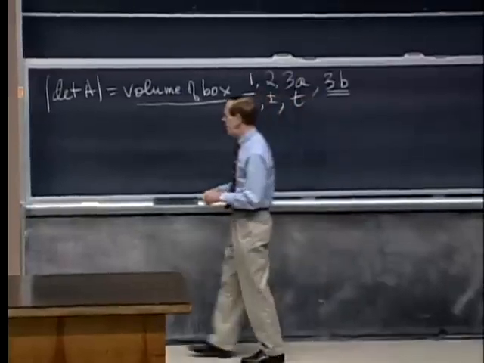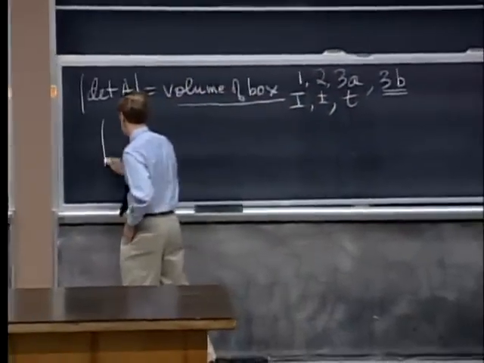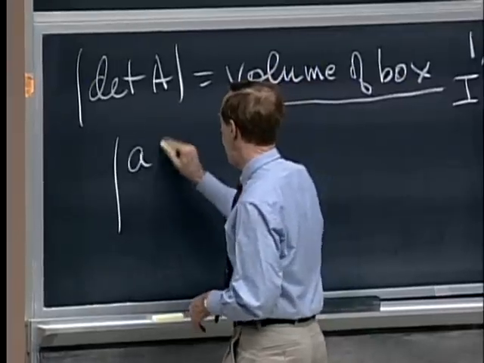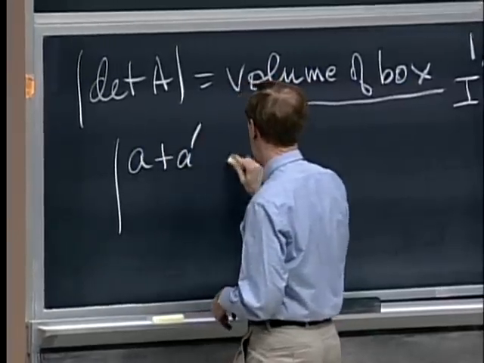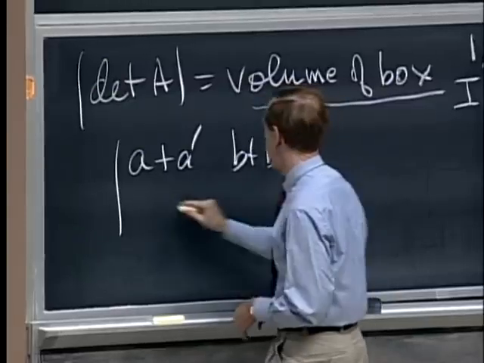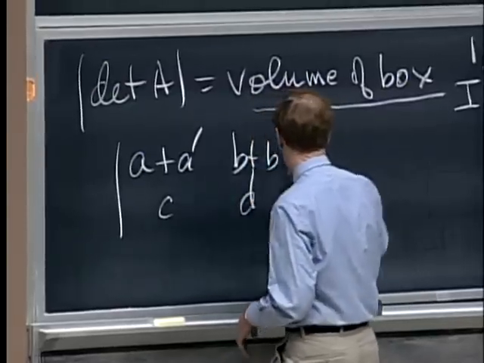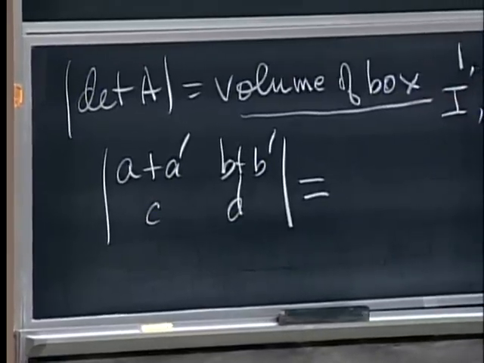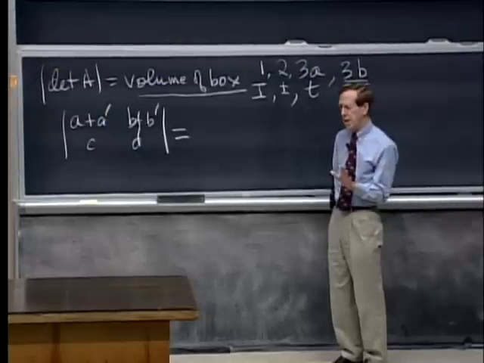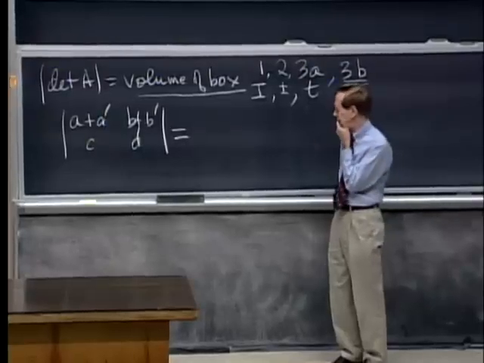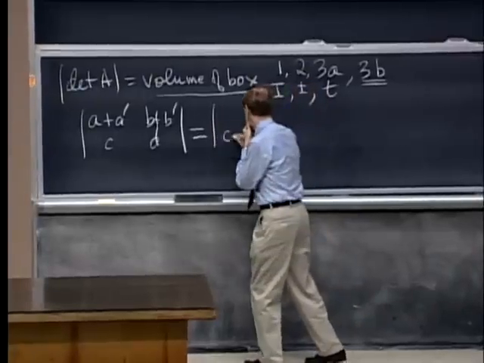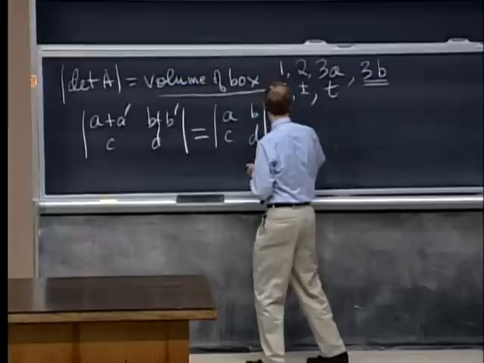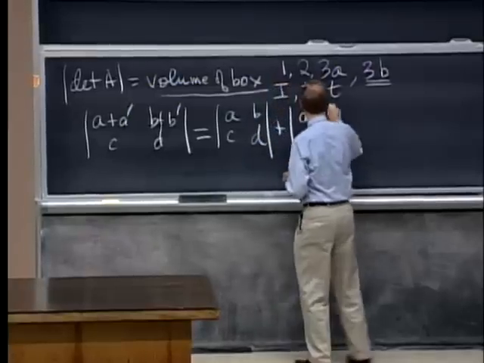Property 3b said, let's do 2 by 2, that if I had a plus a prime, b plus b prime, c d, that this equaled what? This is the linearity in row 1 by itself. So c d is staying the same, and I can split this into a b and a prime b prime.